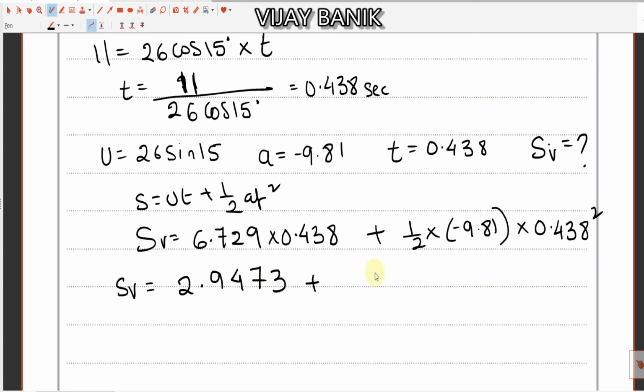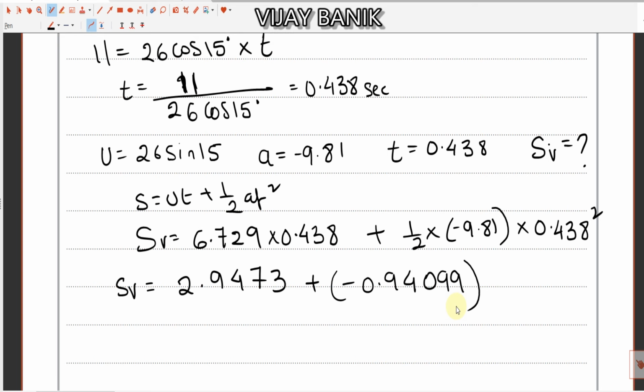I'm taking more decimal numbers so that I get an accurate answer, and finally I will make it two or three significant figures. 0.5 into 9.81 into 0.438 whole square is 0.94099, but it should be minus.